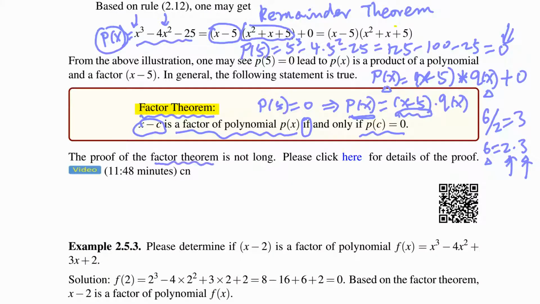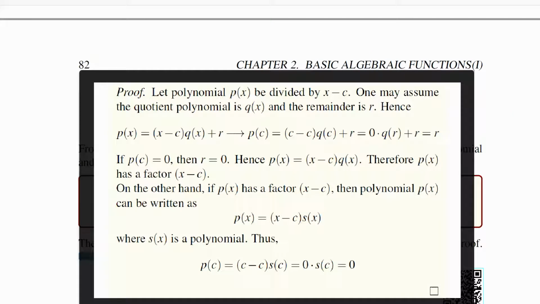Okay. What's the meaning of the other part? The other part is that if p of x can be written as x minus c times another polynomial, let's say, which one we like, we may borrow the previous one.